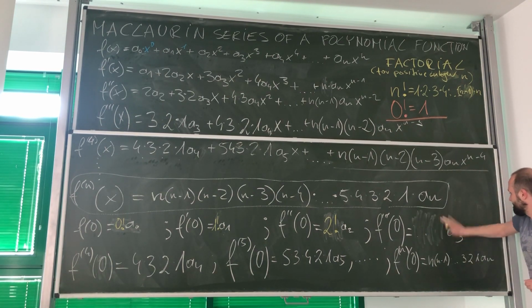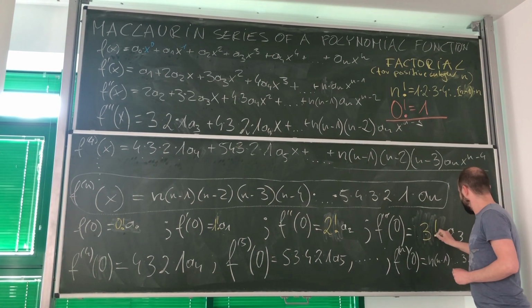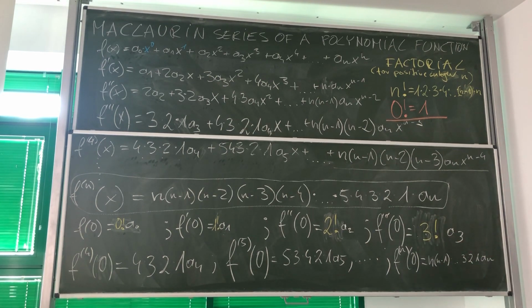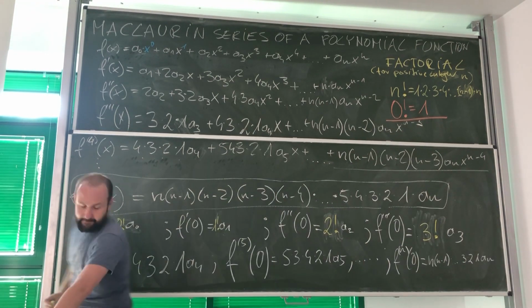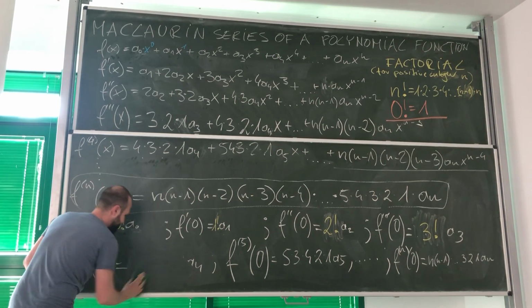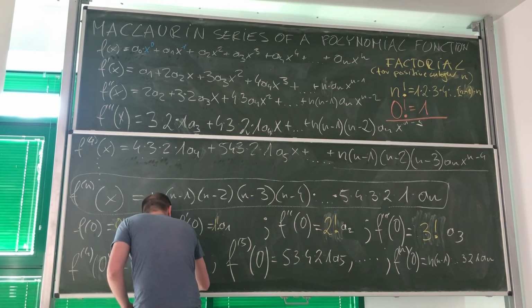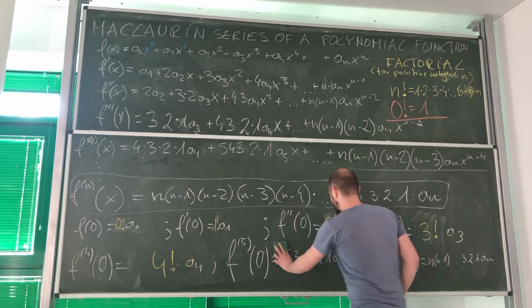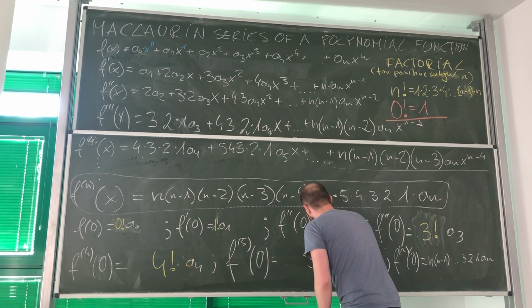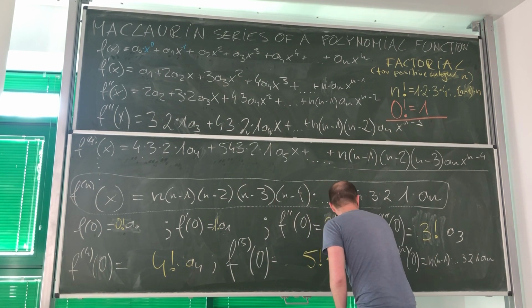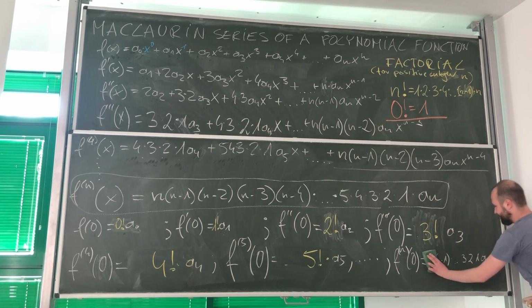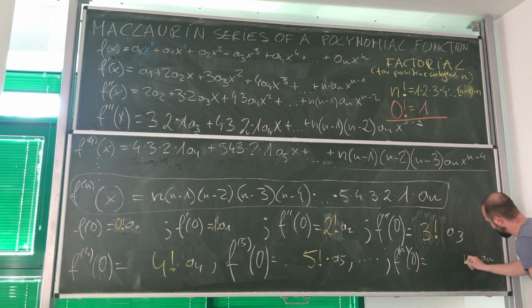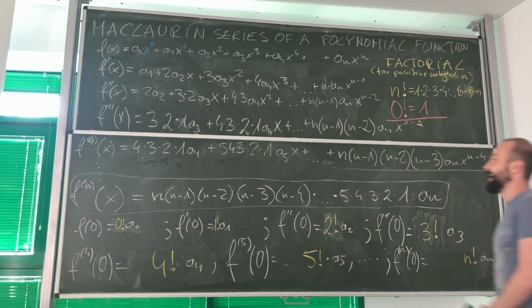Over here, 3 factorial times a3. Now, here we're going to have 4 factorial times a4. Of course, here 5 factorial times a5. And finally, n factorial times an.